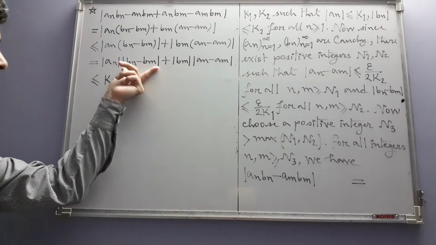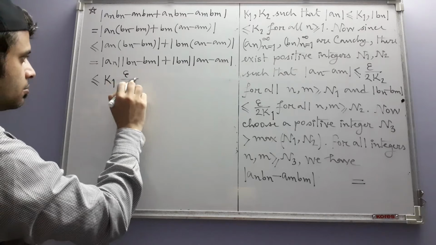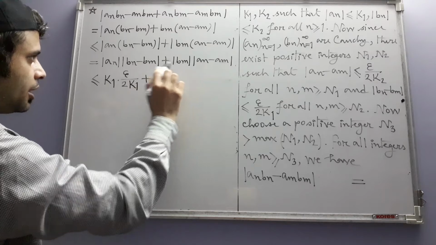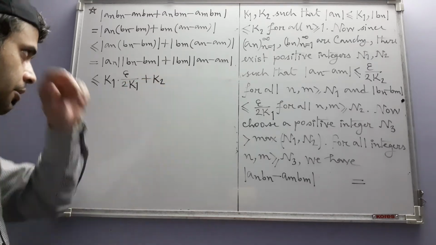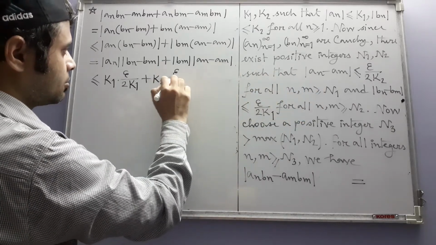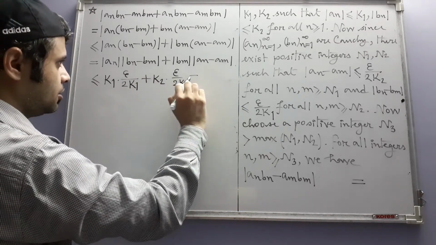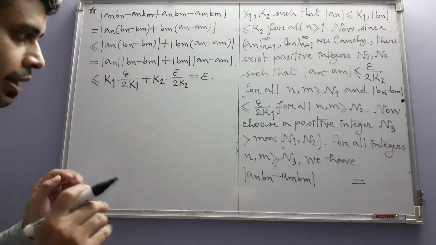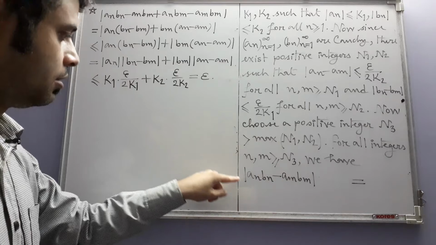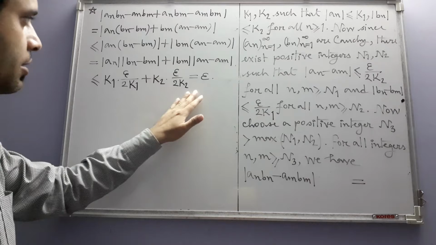So that means this distance is less than or equal to epsilon divided by 2k1. Similarly, this one is less than or equal to k2, and this distance is less than or equal to epsilon divided by 2k2, and this turns out to be equal to epsilon. That means for all integers n and m greater than or equal to n3, this distance between anbn and ambm is less than or equal to epsilon.